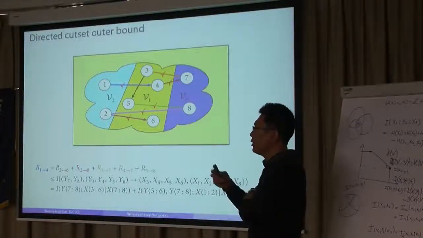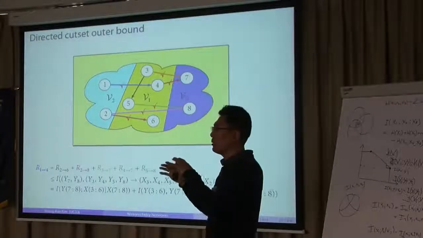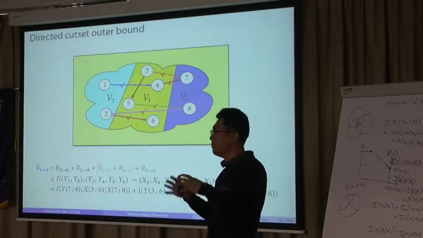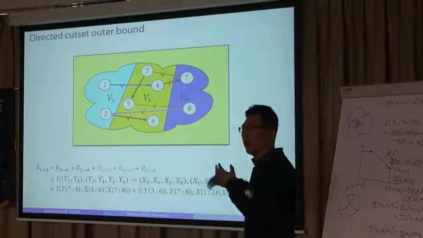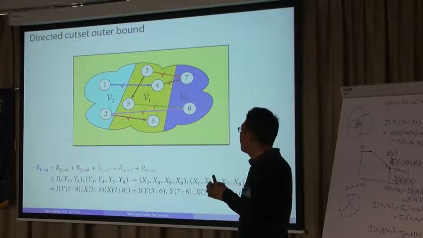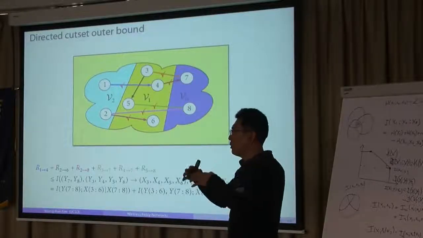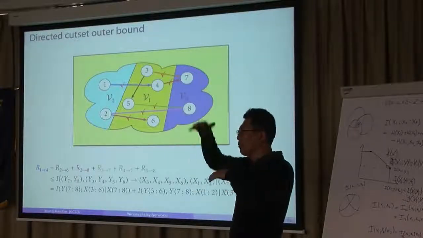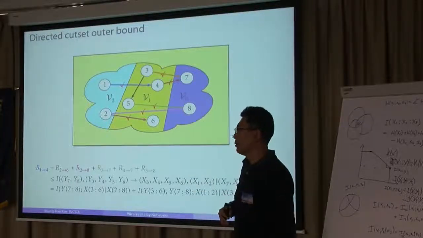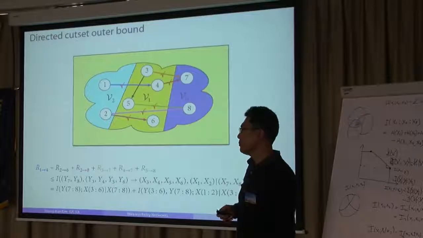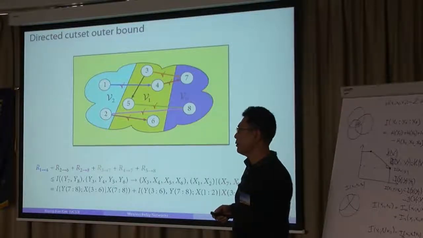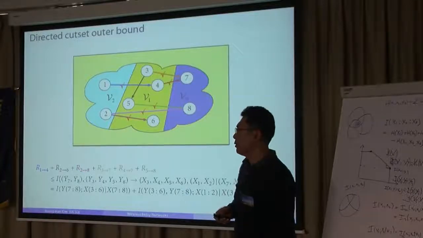So here, actually, the causality has nothing to do with time. Okay? Here, we are simply using the analogy of causality just for spatial decomposition of the network.